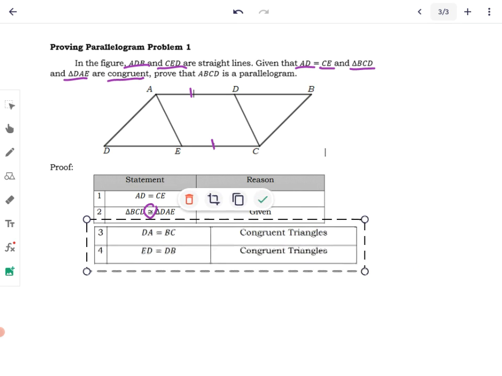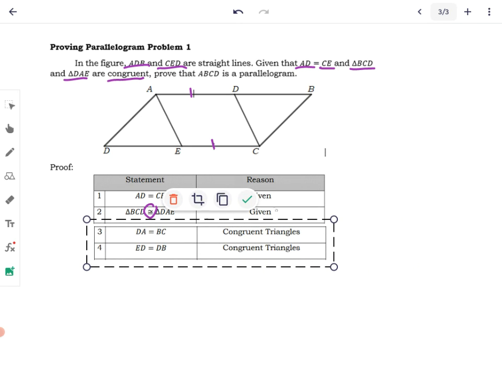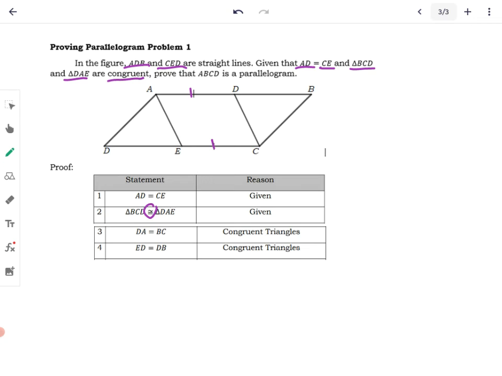This is equal to this. That's number 3: DA equals BC. Why are we able to conclude that? Because of number 2. We know that these two triangles, BCD and DAE, are congruent, meaning, as I've said a while ago, their corresponding parts are also congruent, equal.